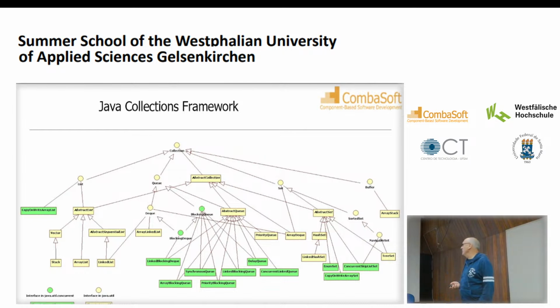This is how you read this. You have interfaces. These are the small circles. You know the interface structure in Java? Okay. Then you have abstract classes. You know the difference between an abstract class and an interface? I don't know much about Java. Okay.